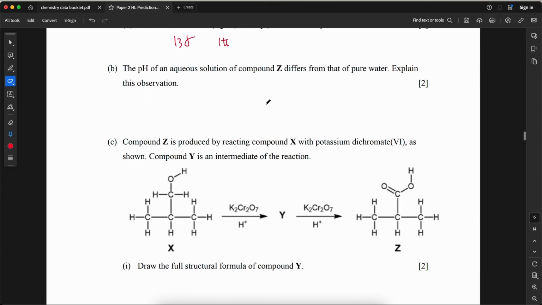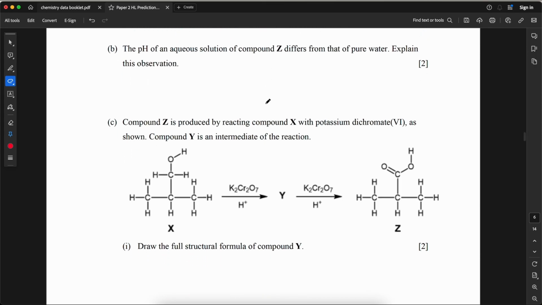The pH of an aqueous solution of compound Z differs from that of pure water. Explain this observation. Because compound Z contains a COOH group that will dissociate and donate H+.